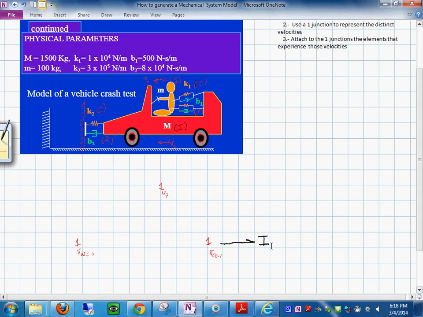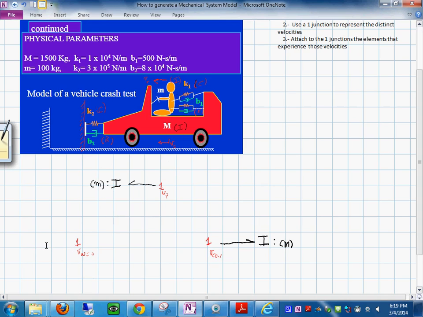This is an I element which has value big M. Over here, I have the other one, also an I element whose value is little m, lowercase m. That's the person.